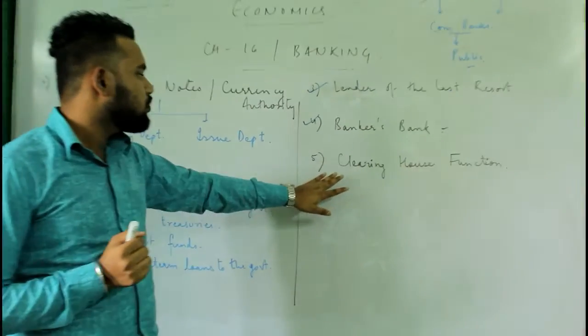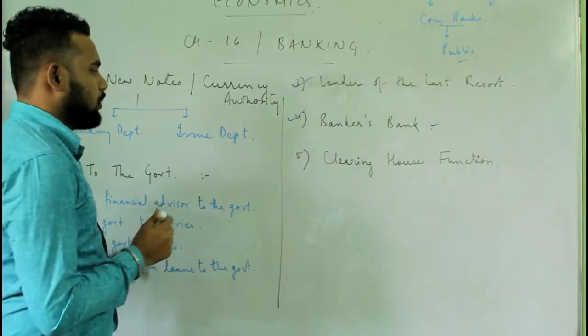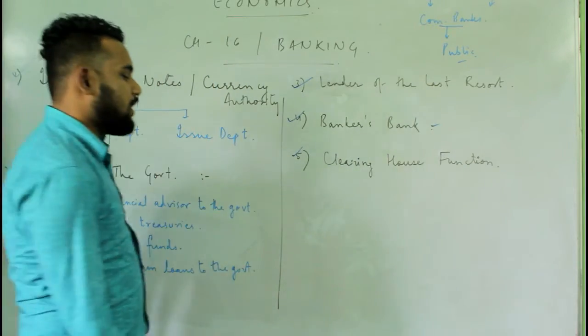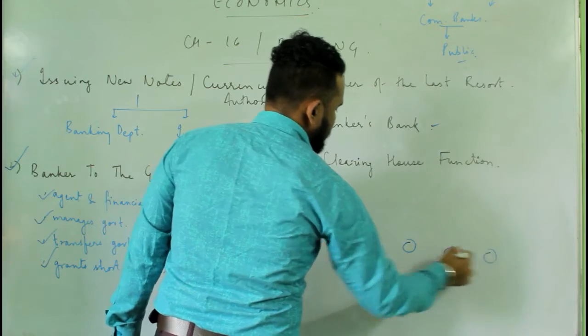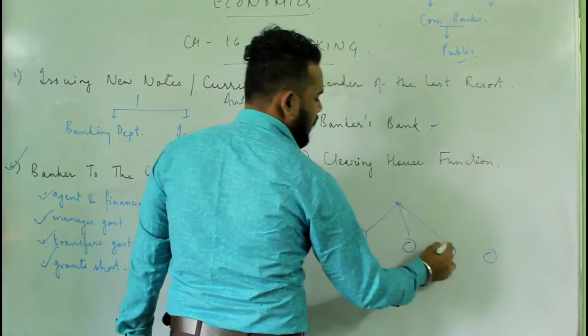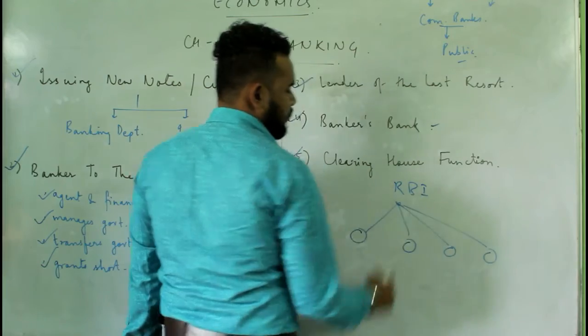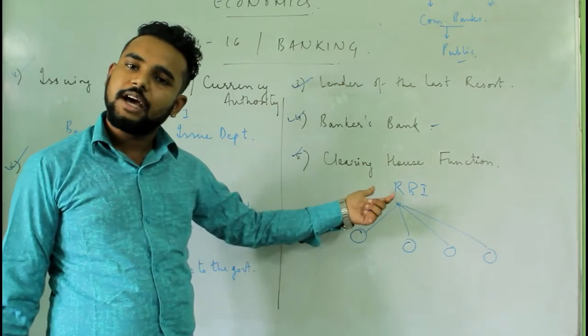Okay, done. So clearinghouse function. This is the last one, students. So see what happens in clearinghouse function. You know that all the commercial banks have an account with the RBI. All the commercial banks must have an account with the RBI.